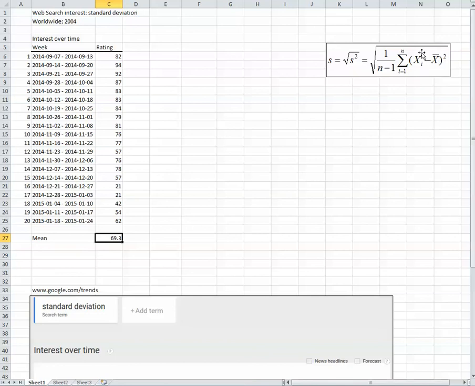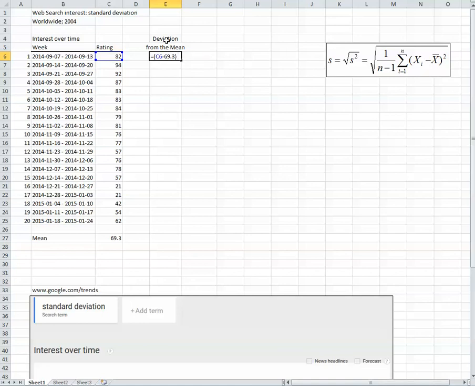Now we're going to calculate these deviations from the mean. Let's call this deviation from the mean. For each one of the observations, so there's 82, I need to subtract off the mean, which is 69.3. I'm going to type 69.3 rather than use the cell reference so you can see exactly what I'm doing.